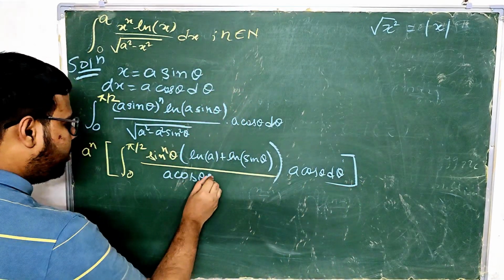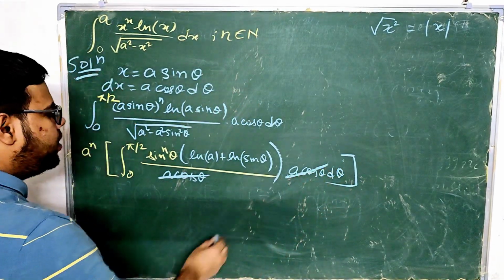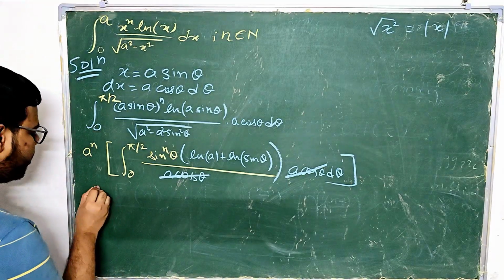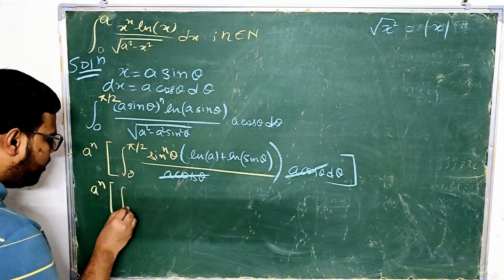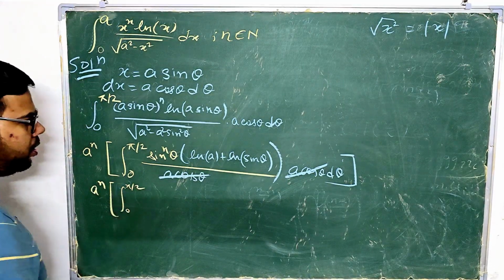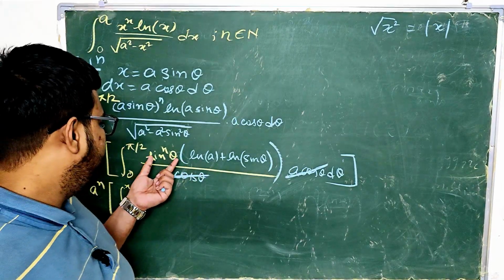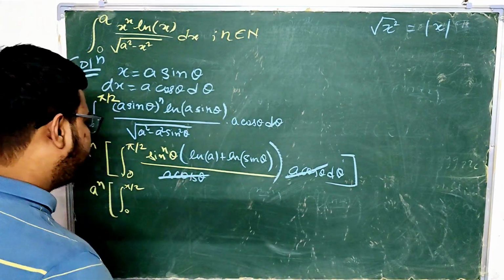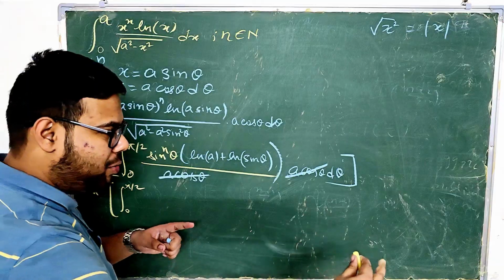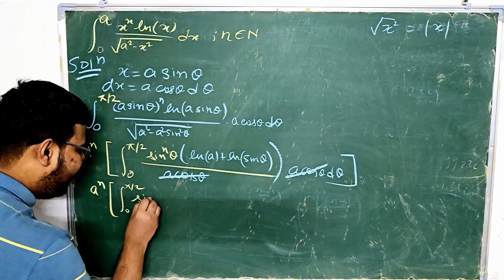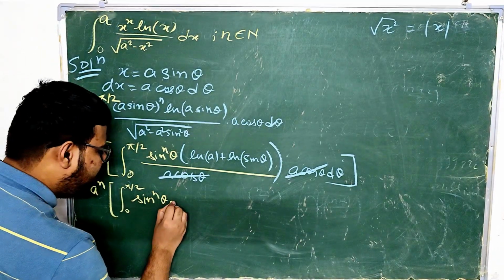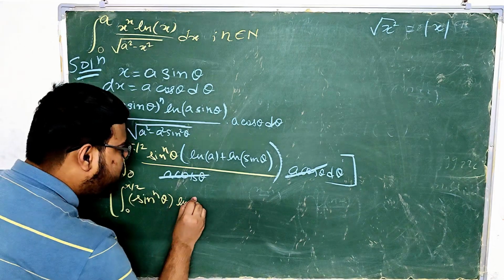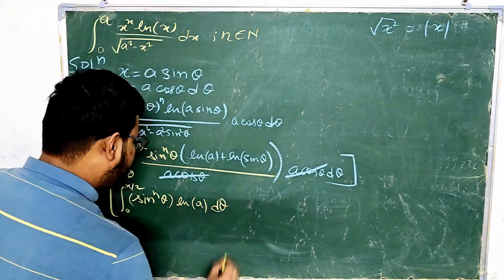Okay, notice that this and this get cancelled, so you are left with this integral of this function from 0 to pi by 2. Now you can break the integral into two integrals over here, not a double integral, two separate integrals. Sine raised to the power n theta times natural log of a d theta, correct?